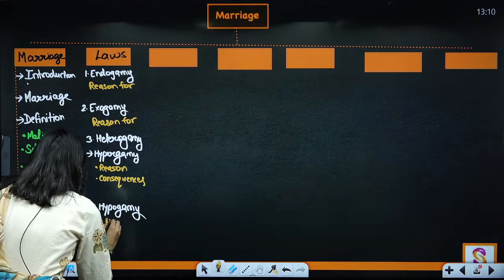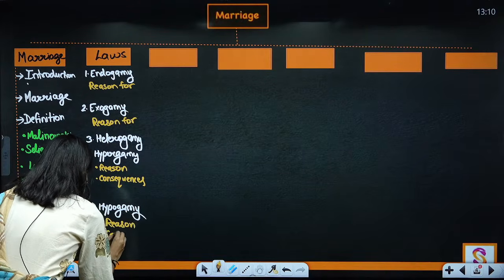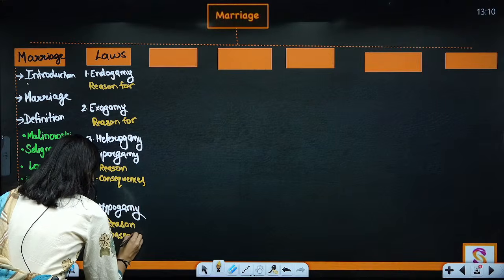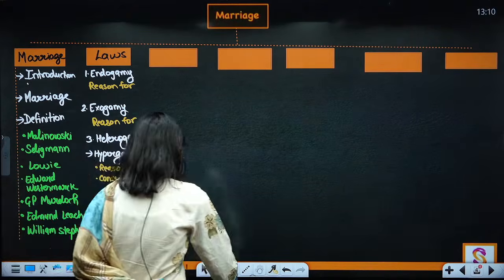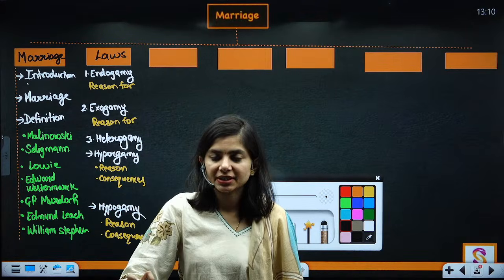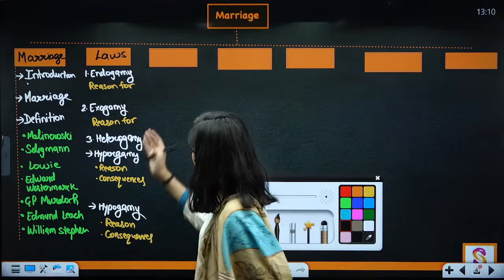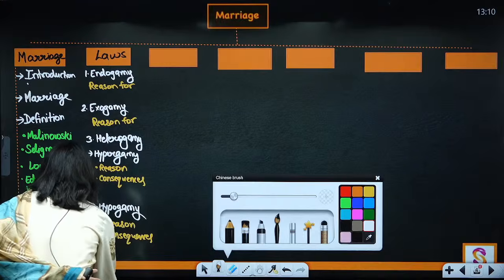Again, here we would be having reasons and consequences. Next part, in the laws, we are having incest taboo.